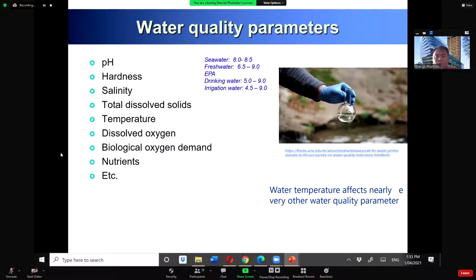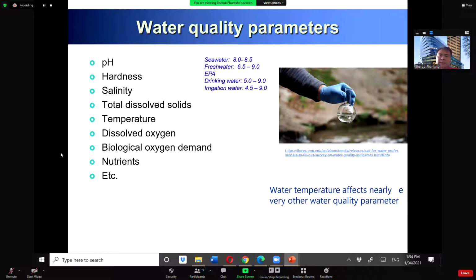So pH is quite an important parameter in water quality, because the pH determines what happens within the water. Under different pH, the different compounds present in the water behave differently. This is why pH is quite important, and even during the treatment process, the pH of water is very important, because it impacts the treatment processes.